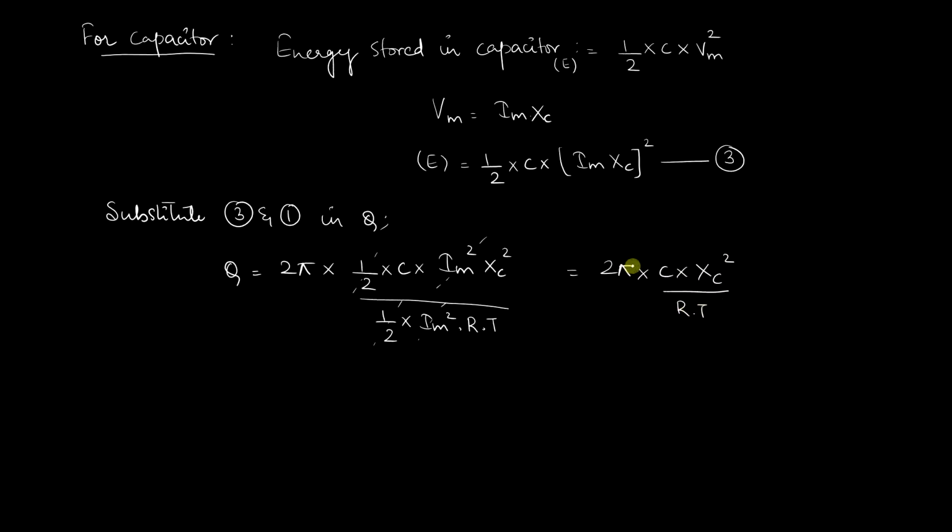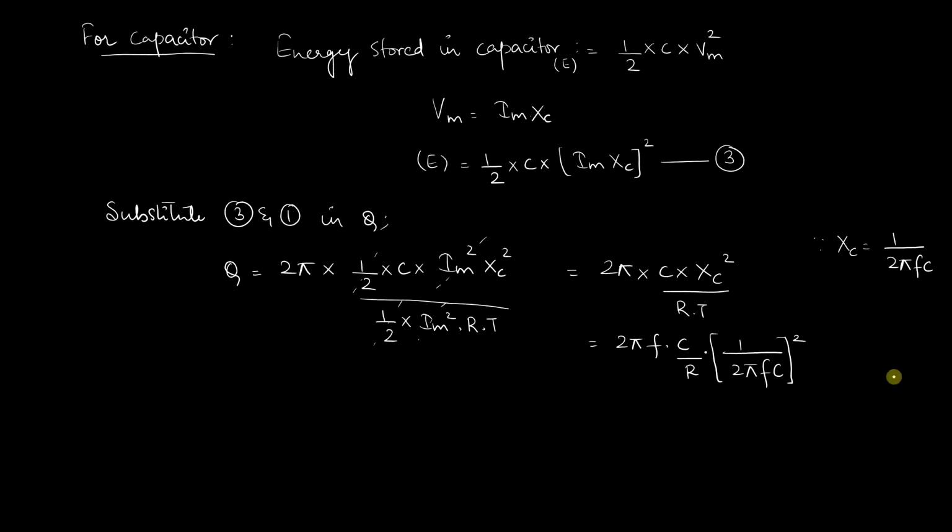Again this T you can bring it to the top. This is 2 pi F into C divided by R into, what is Xc square? Since Xc is equal to 1 by 2 pi F into C, I can write this as 2 pi F C the whole square.